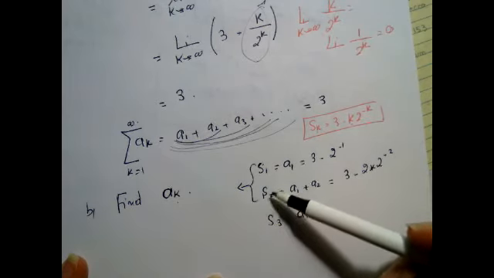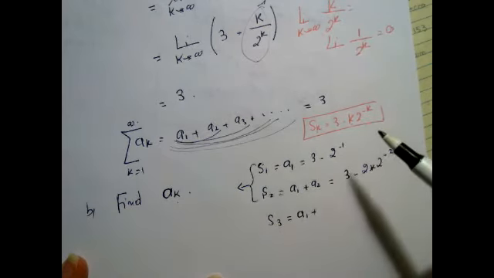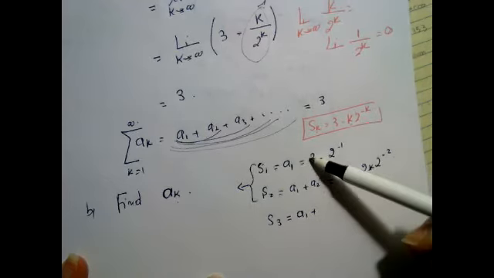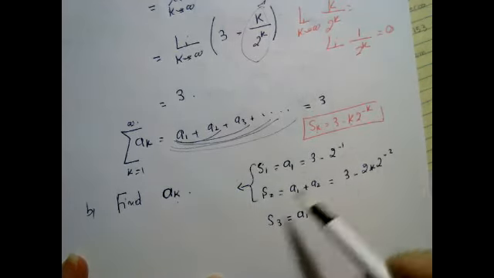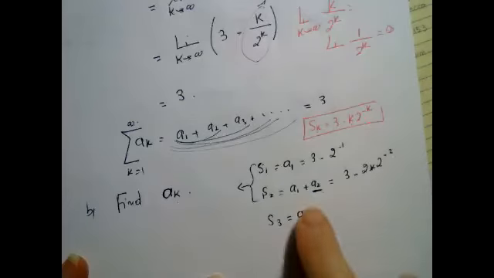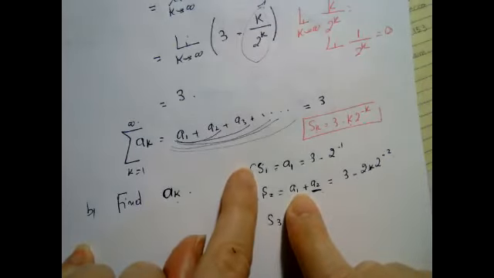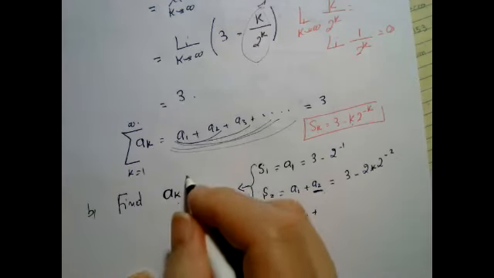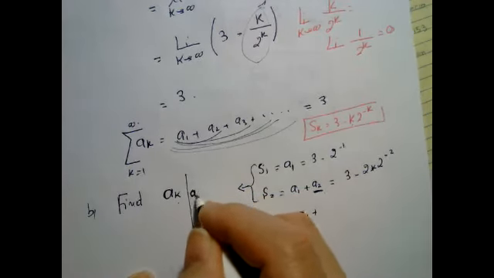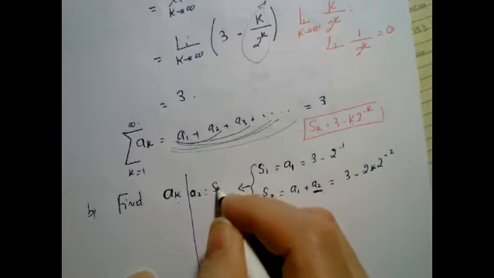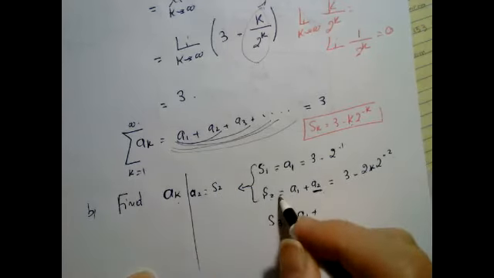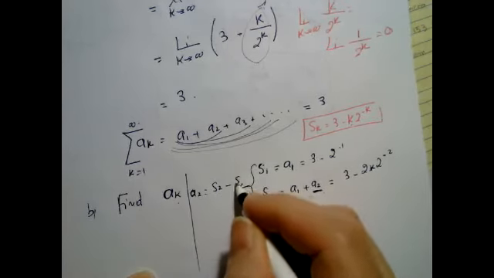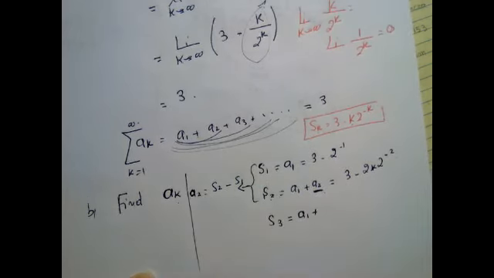If I take S2 minus S1, I'm actually going to get a2, because what's the difference between S1 and S2? It's just a2. I know a1 from the previous one, which is S1, so I can figure out a2. So a2 is nothing more than S2 take away a1, which is S1, because a1 is S1.